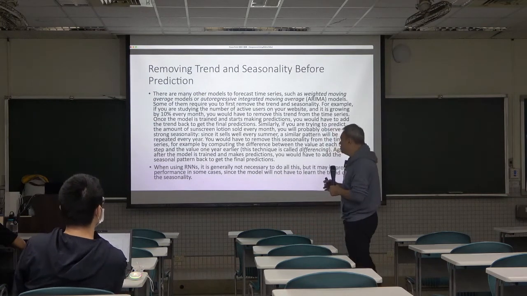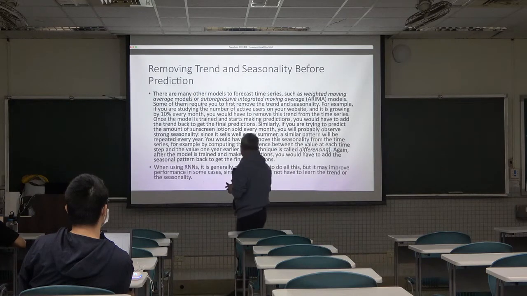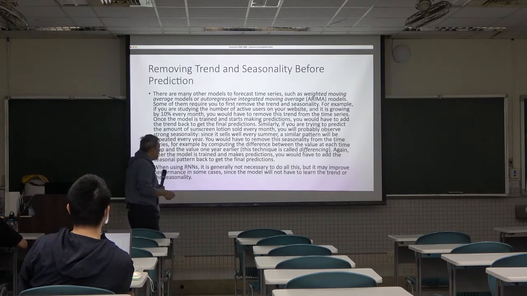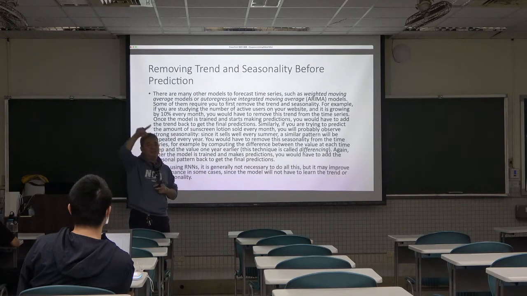So if you look at the amount of sunscreen lotion sold every month, then you will see a peak during the summer, and for the other seasons, especially winter, you will see pretty much not too many people buy sunscreen.